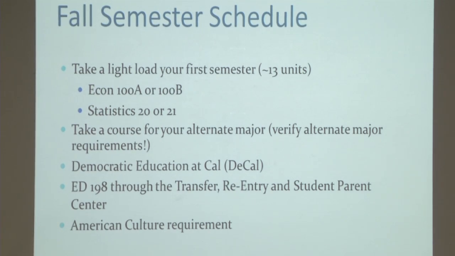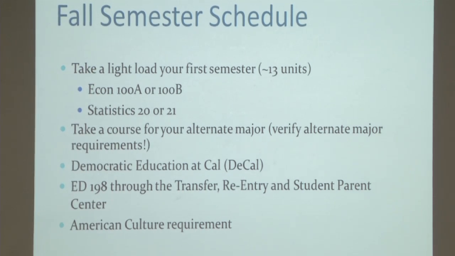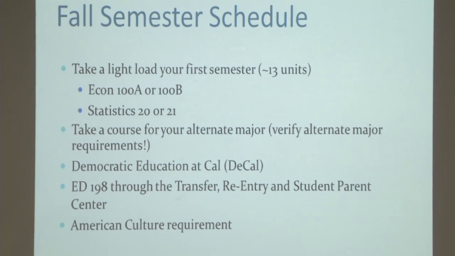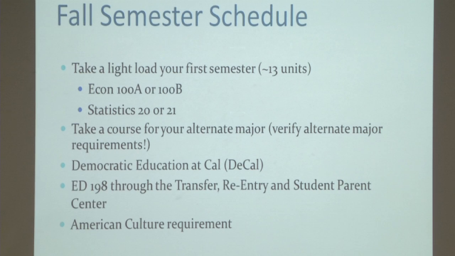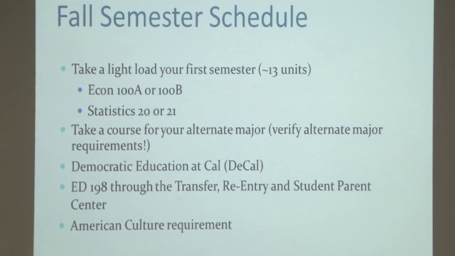So we recommend that the third course you're taking is something for an alternate major. And Ginny and I can talk more in depth with you based on your interest and your goals, what appropriate alternate majors would be. And Letters and Science advisors are also available to speak with you about that. So that would get you up to either 11 or 12 units. We recommend only doing 13 or 14 units, taking it light your first semester on campus.